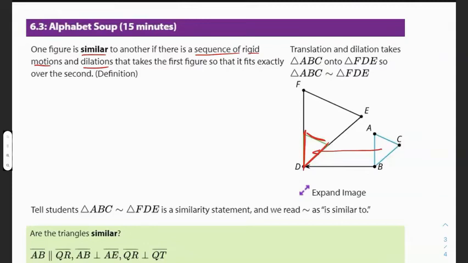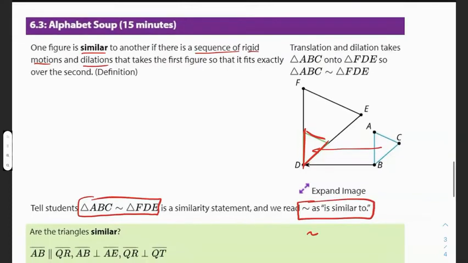Okay, so notice this triangle ABC is similar to triangle FDE. So that is a symbol for similar. Squiggly, okay, is similar to.